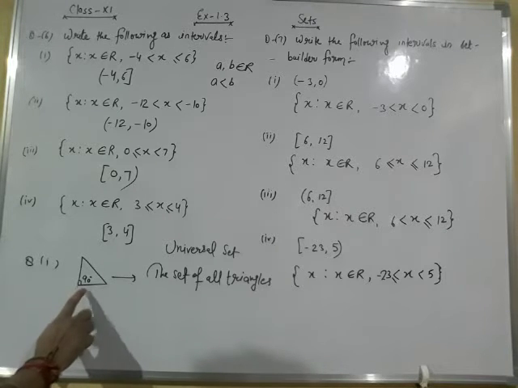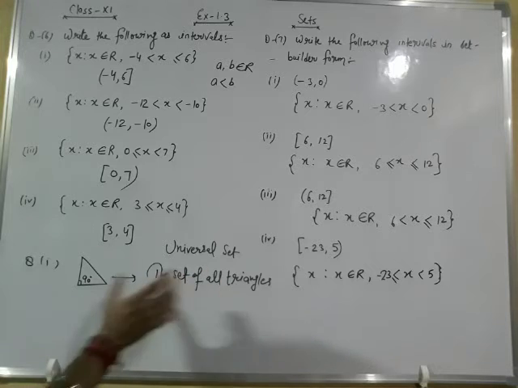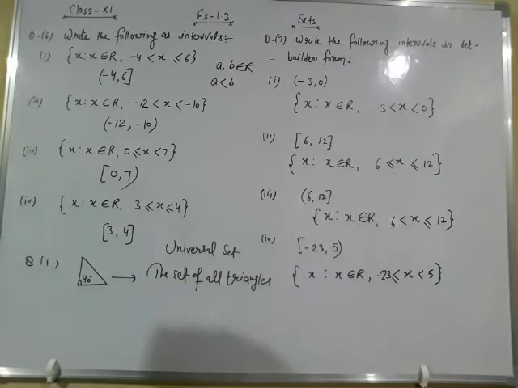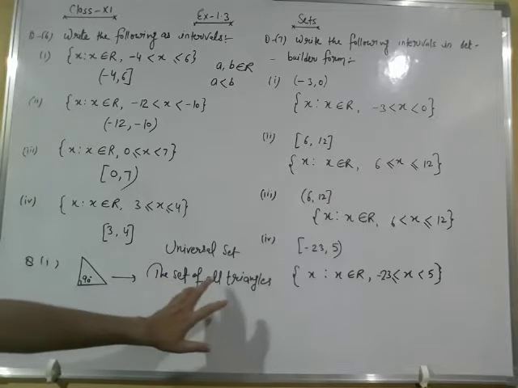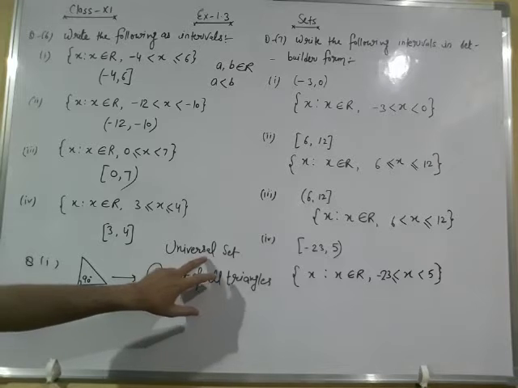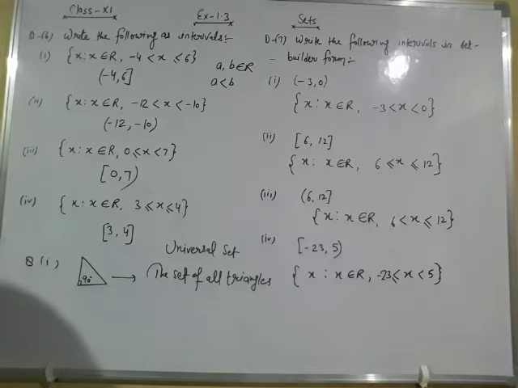Then this right triangle will be a part of this, therefore it will be a subset of the set of all triangles. Therefore the set of all triangles will be treated as a universal set for the set of all right triangles.